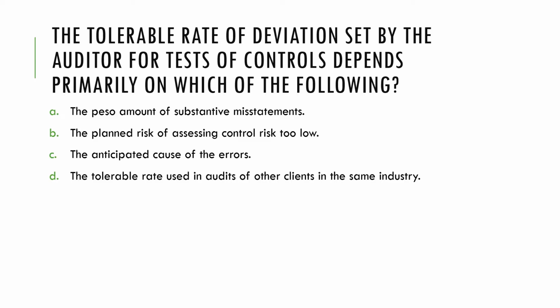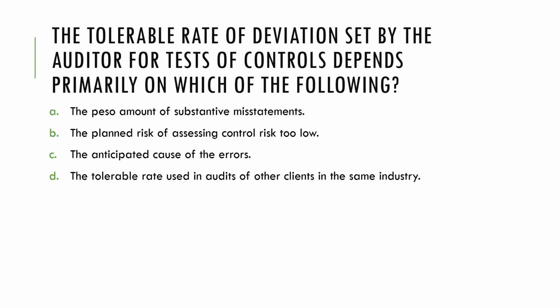Now we get to remember that ideally the order of the testing would be test of controls, then substantive test of transactions, and then substantive test of balances. So, it cannot be letter A, as the peso amount of the substantive misstatements would have ideally followed the test of control. Letter B is the planned risk of assessing control risk too low.